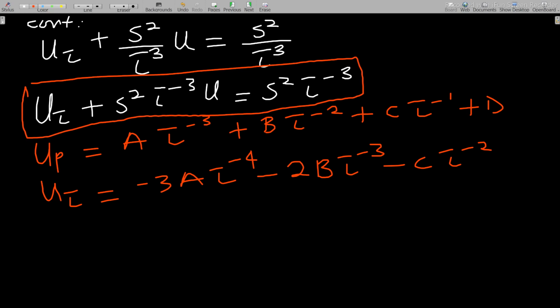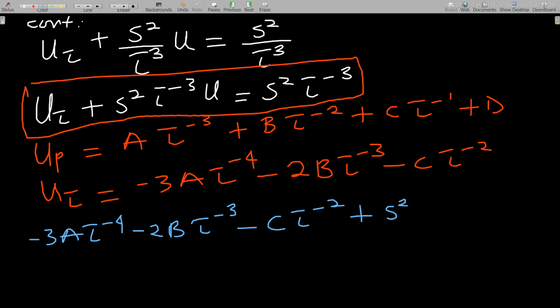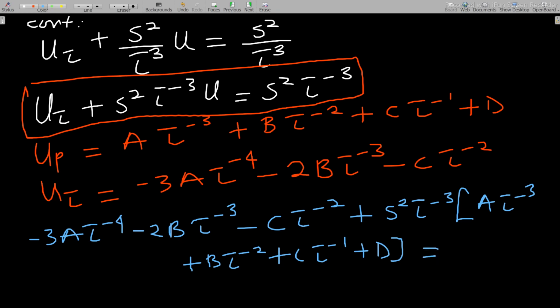So I'll get negative 3a tau to the negative 4, minus 2b tau to the negative 3, minus c tau to the negative 2, plus s squared tau to the negative 3 multiplying u, and u is a tau to the negative 3 plus b tau to the negative 2 plus c tau to the negative 1 plus d, all should be equal to s squared tau to the negative 3.